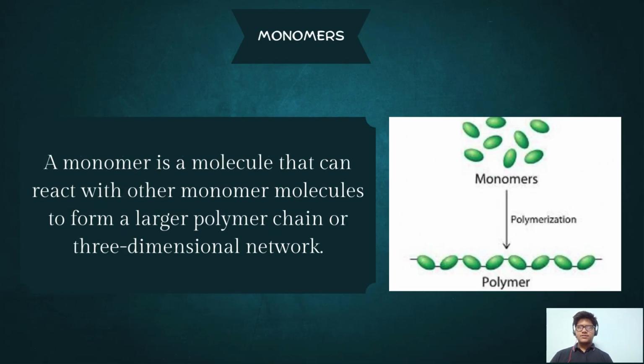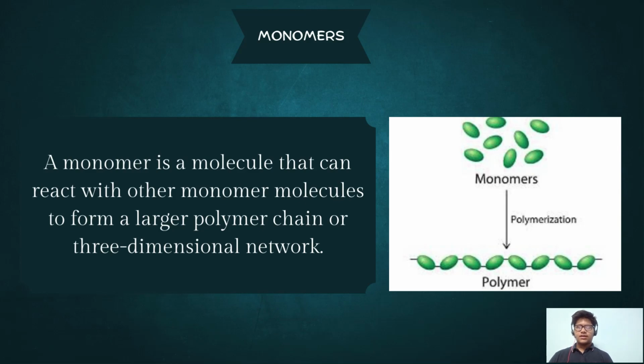So now let's understand what monomers are. Monomers are small molecules which help us to make a polymer. The monomers can be of the same type, or two different types of monomers can combine together to form polymers.